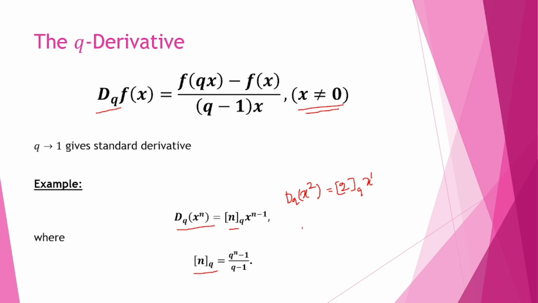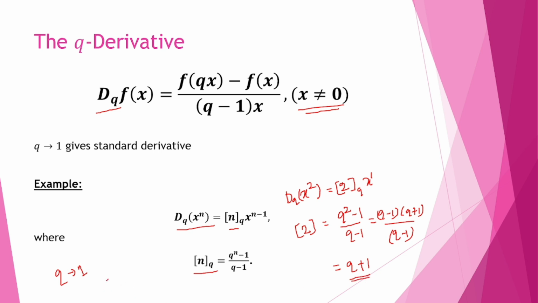Or we can write 2q as q to the power 2 minus 1 by q minus 1, which is q minus 1 into q plus 1 by q minus 1. Now if I solve it, we will get q plus 1. Now you can see that if q tends to 1, this will be the classical derivative, because this expression will be what?